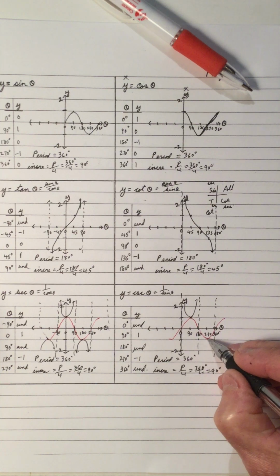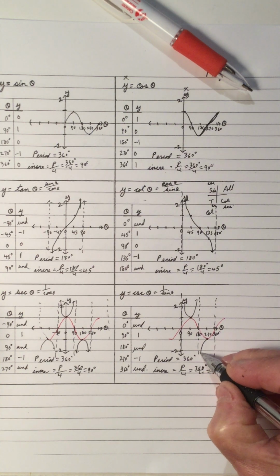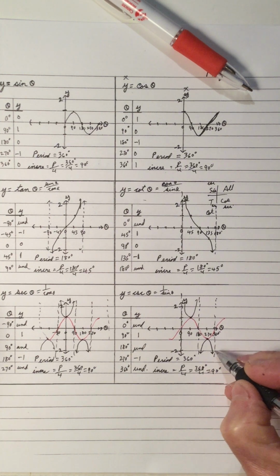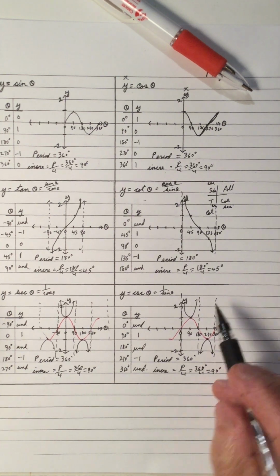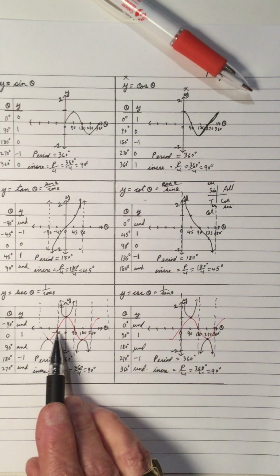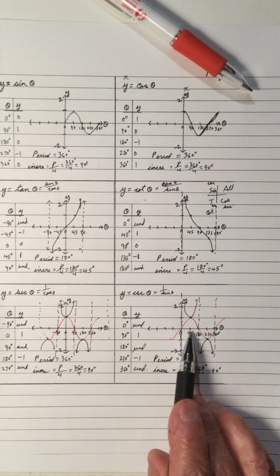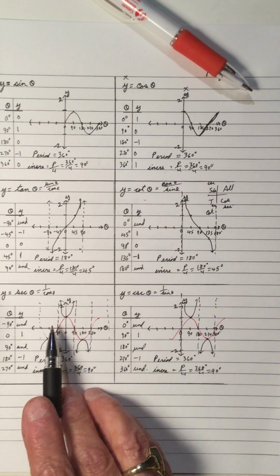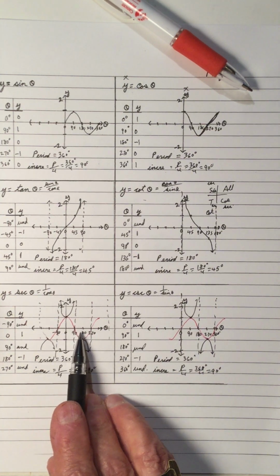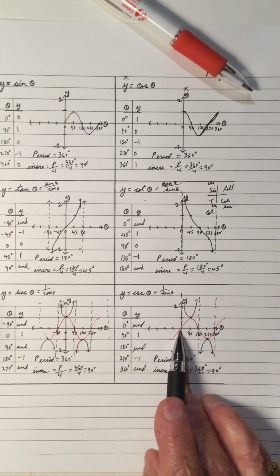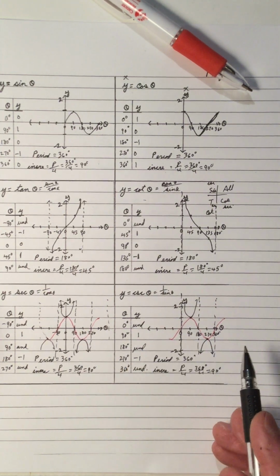And this is a negative 1, so the reciprocal of these numbers here are up here. So again, the two graphs are identical, except the asymptotes are in different spots. And this is the cos graph, and this is the sine graph doing the reciprocals.